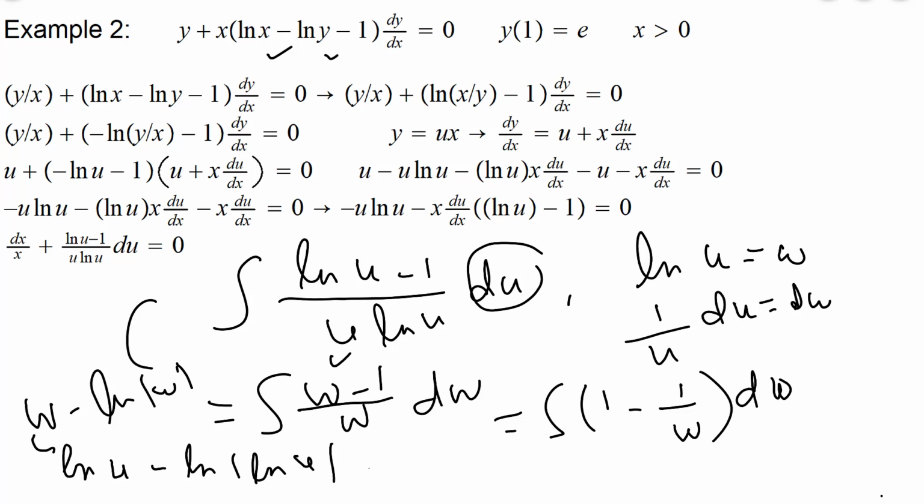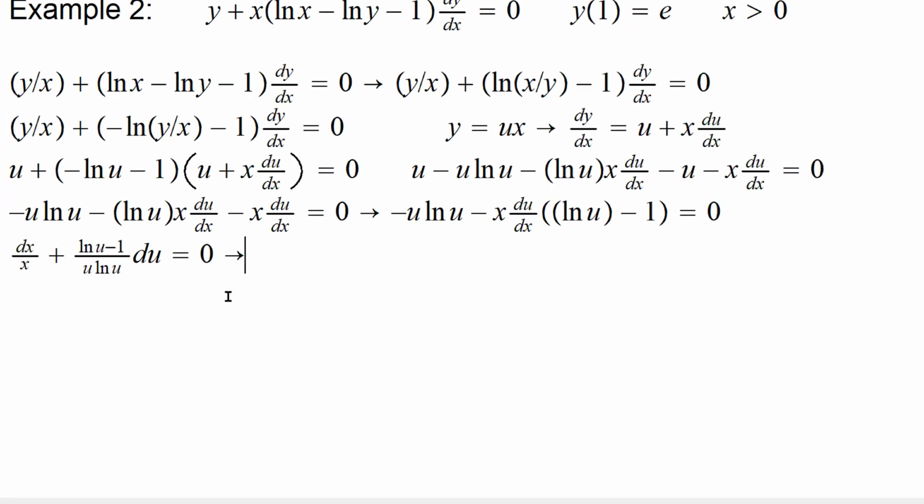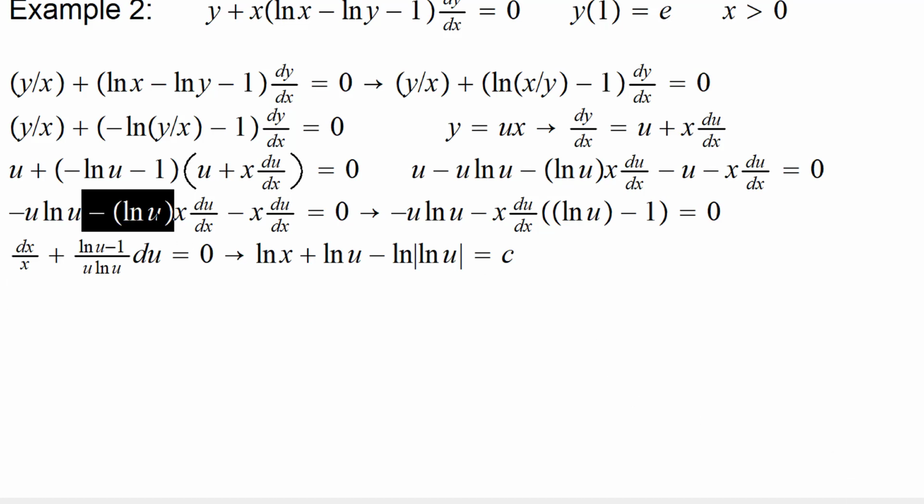All right, so when we go ahead and write the solution, here the antiderivative is ln of x, and what we found for this was that this was simply ln of u, okay, and then minus ln of absolute value of ln of u, and that equals what? A constant, okay? Now I just discovered an algebra mistake that I made.